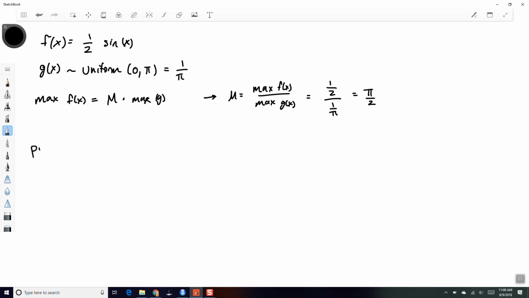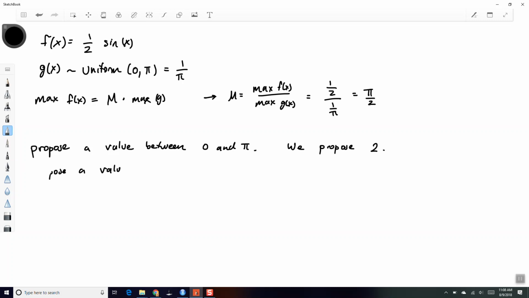So somebody propose a value between 0 and pi. Somebody just throw something out there. 2. Okay, so we propose the value 2. And then somebody generate a value between 0 and 1. 0.7.